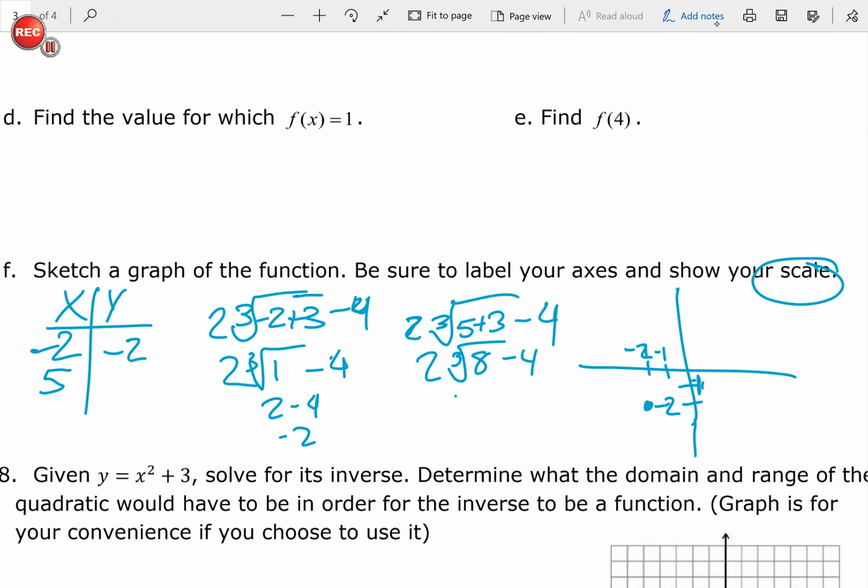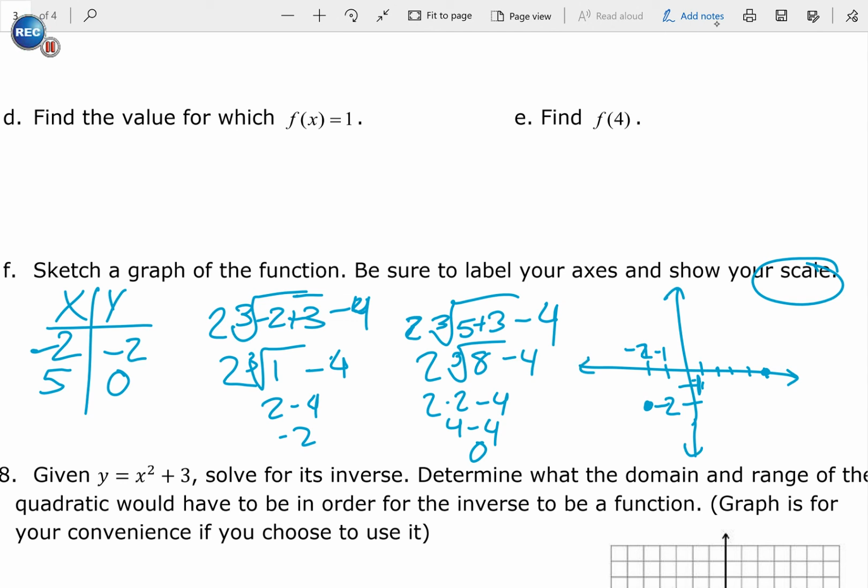This simplifies just to 2. 2 times 2 minus 4 is just 4 minus 4, so that's going to end up being just 0. So it's going to be 5, 0. 1, 2, 3, 4, 5. It's right there on the x-axis.